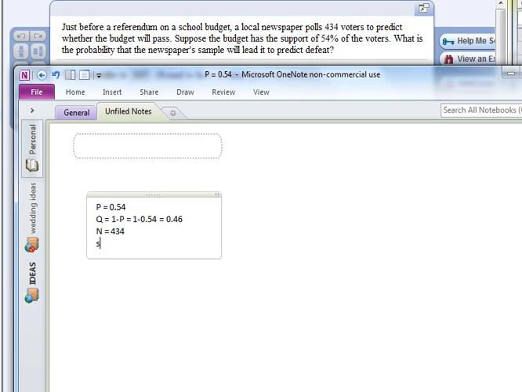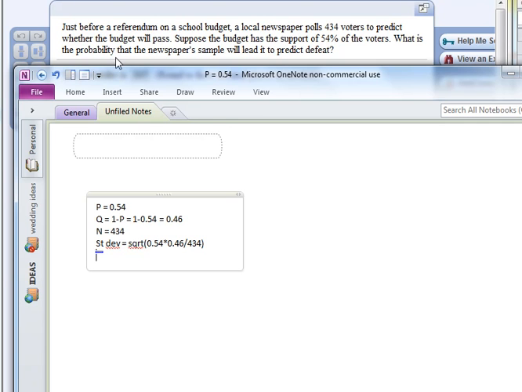So your standard deviation for this distribution will be equal to the square root of P times Q divided by N. So you'll do 0.54 times 0.46 divided by the N, which is 434. Okay, that's the standard deviation.